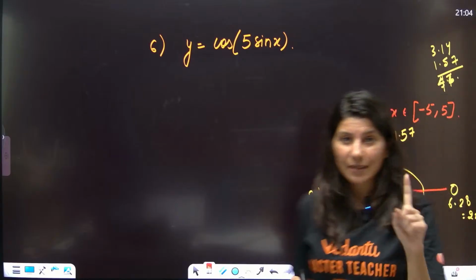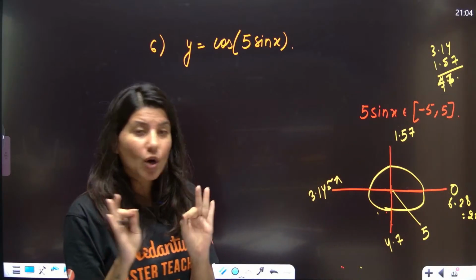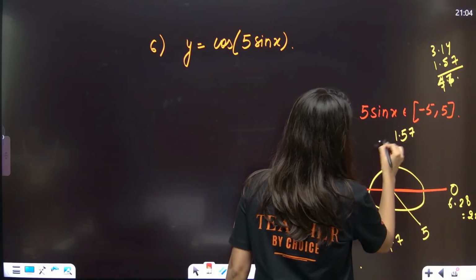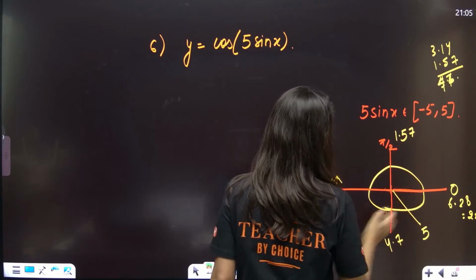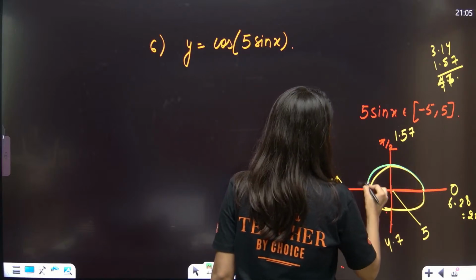Understand now very nicely. If I'm talking about cos, it starts with 0, pi by 2 and pi. We are covering all the values. The input of cos is 0 to pi.